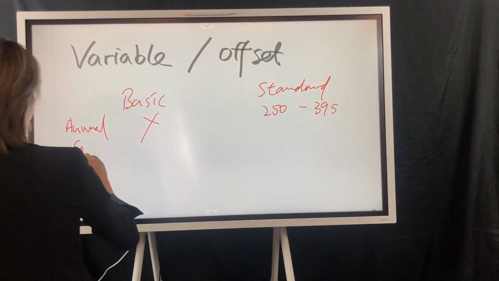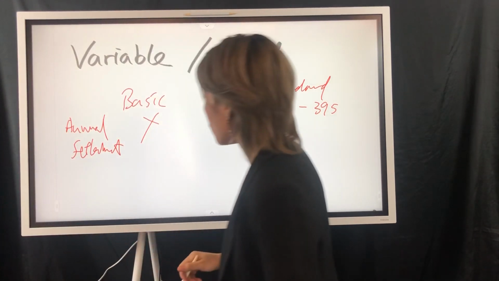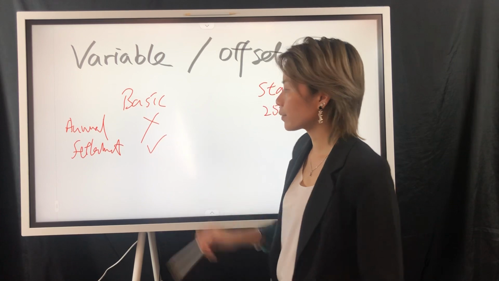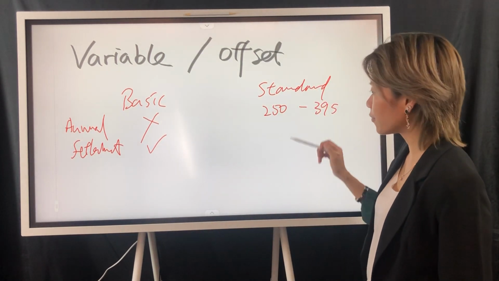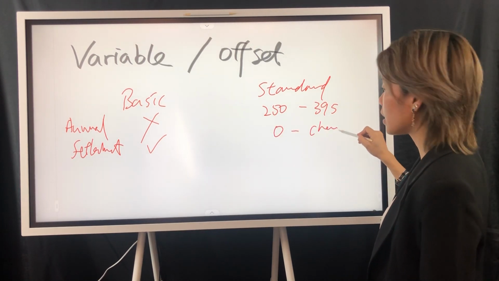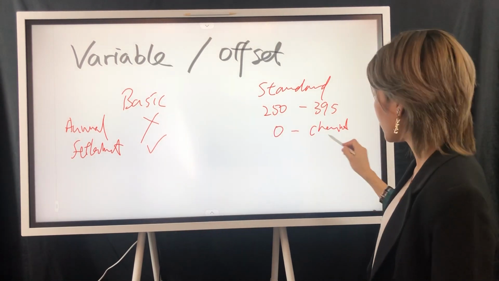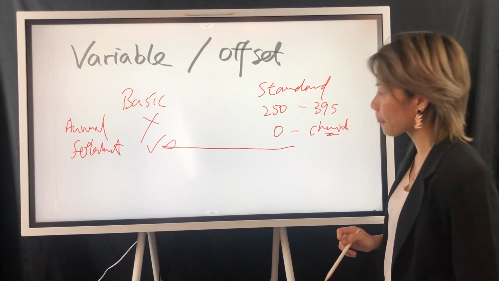So settlement fee. Basic variable, most of them will have a settlement fee. Not all of them, but most of them. Standard variable will have $0 to a cheaper amount of settlement fee. This cheaper amount is compared to basic variable.